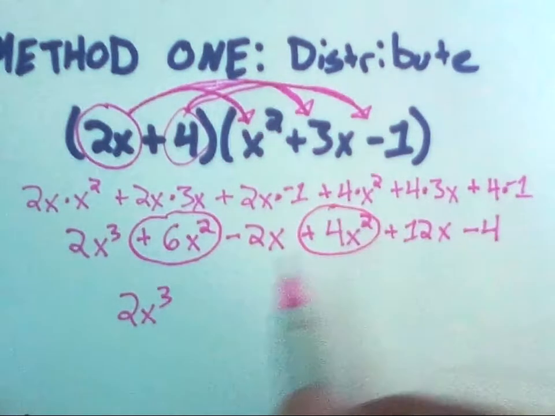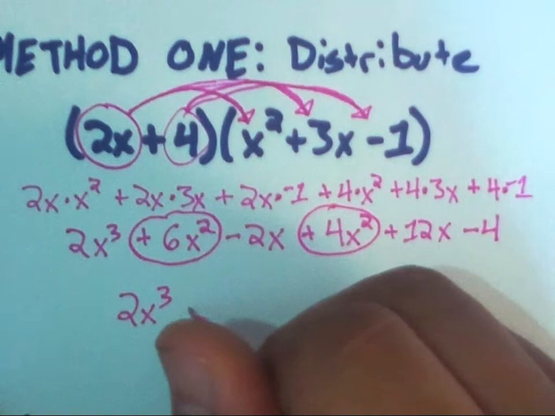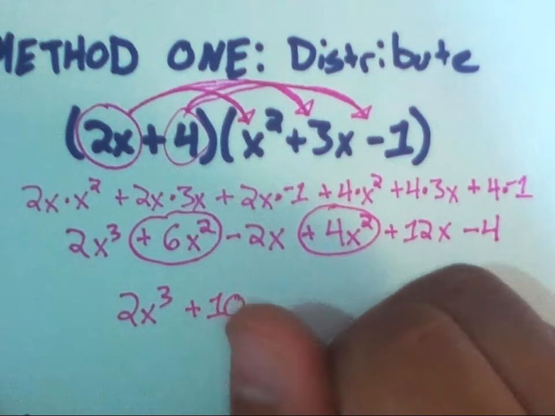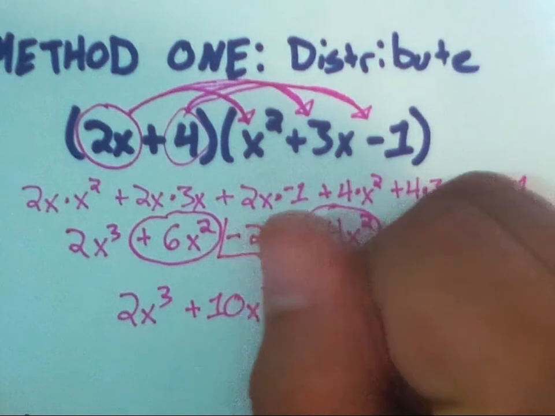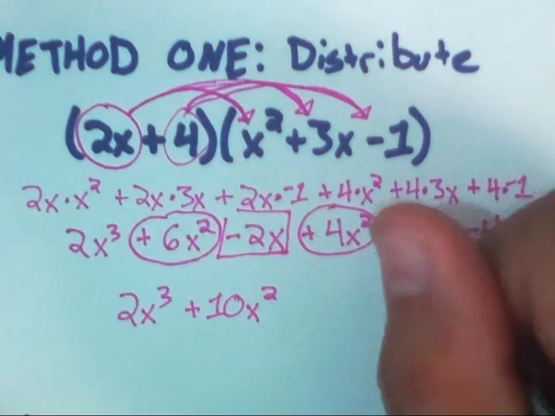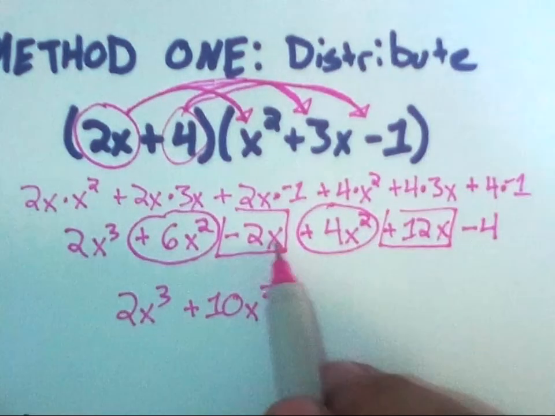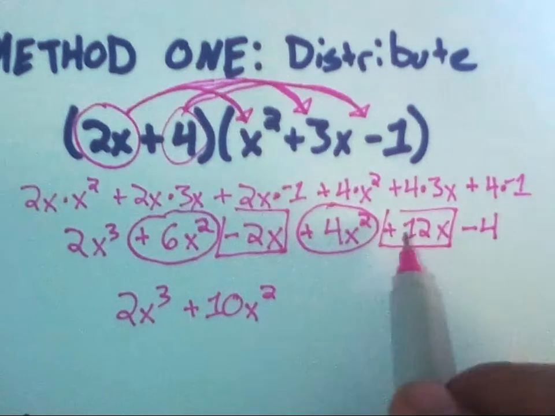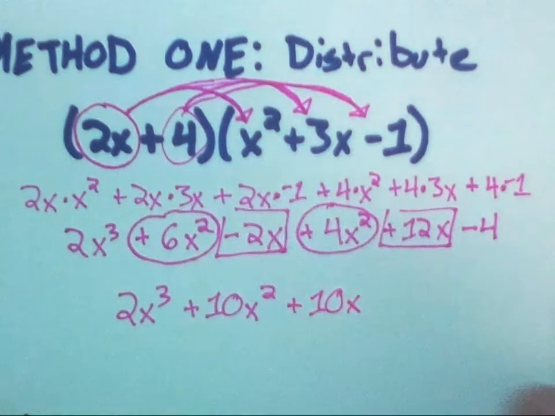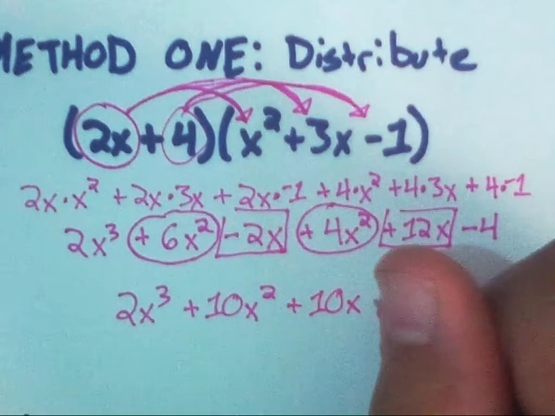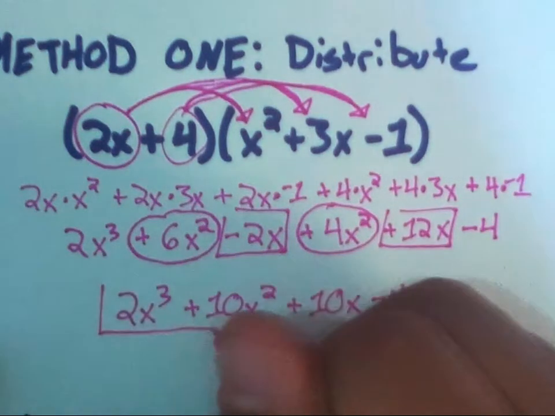And when I combine those, 6 plus 4, I get 10x squared. Then we can combine negative 2x and positive 12x because they have the same last name. So negative 2 plus 12, that's going to be 10x. And then last but not least, the negative 4 just comes along. And there is your answer.